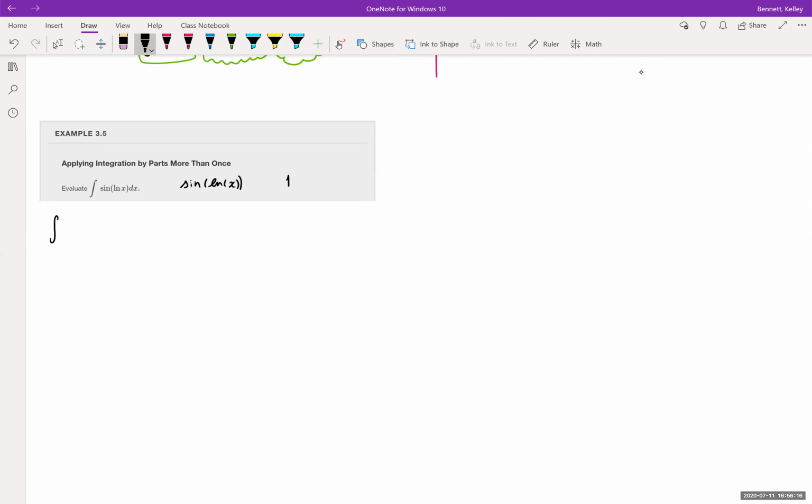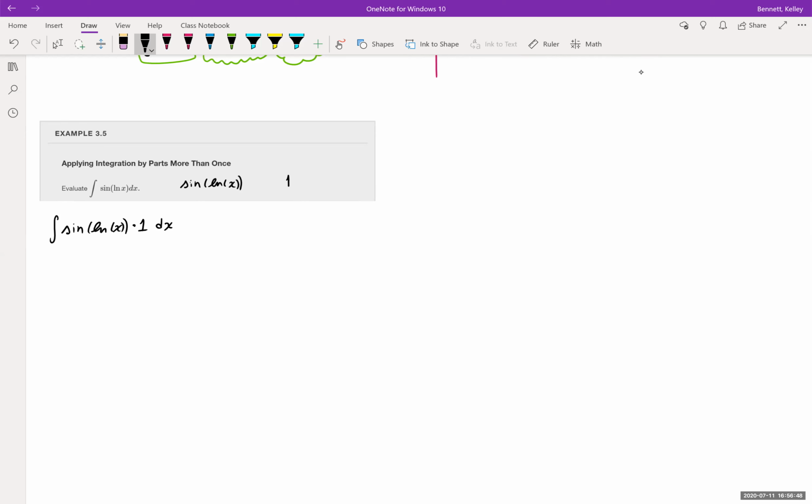So if I were to look at it like this, I could say, okay, maybe this is sine of ln of x times 1 dx, right? So multiplying it by 1 doesn't change its value. And this is exactly what we want to do. Sorry, turning my page.